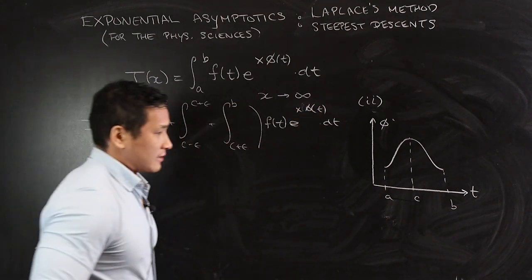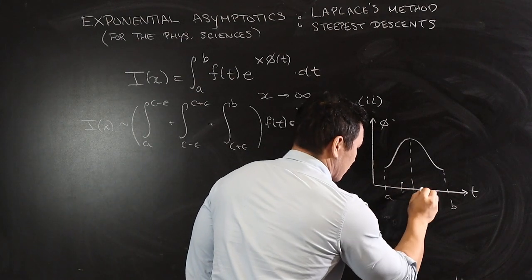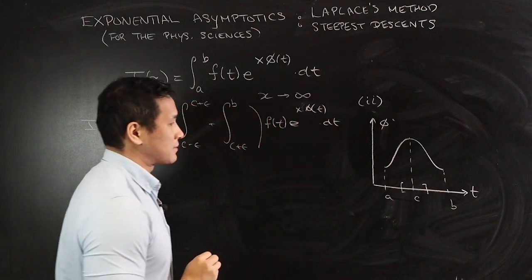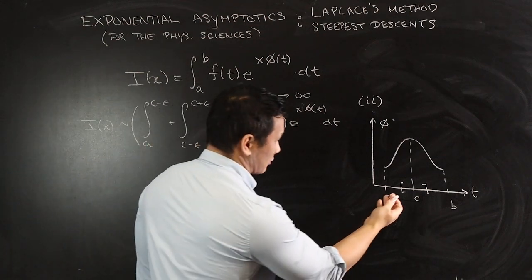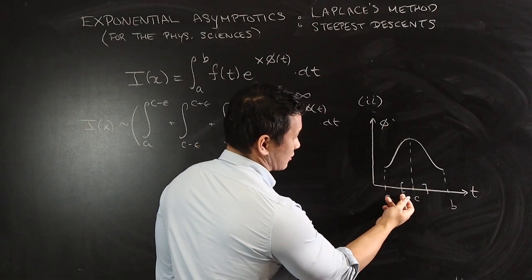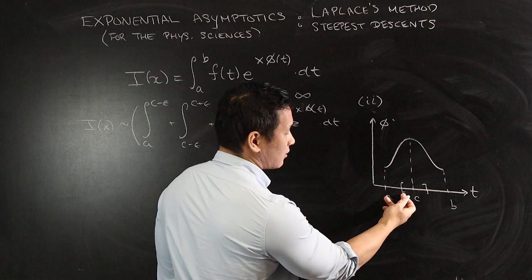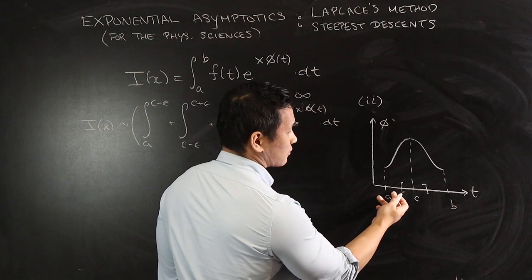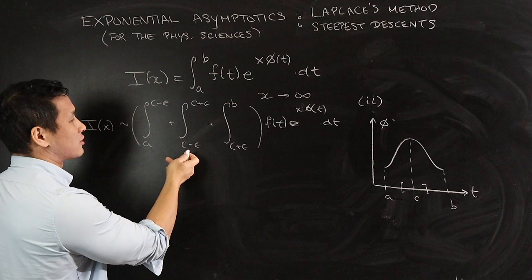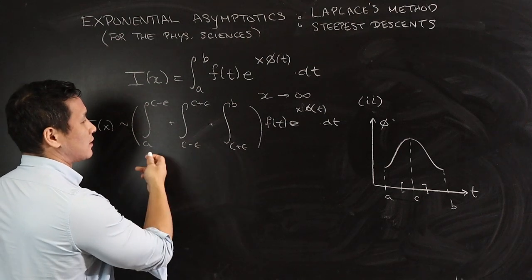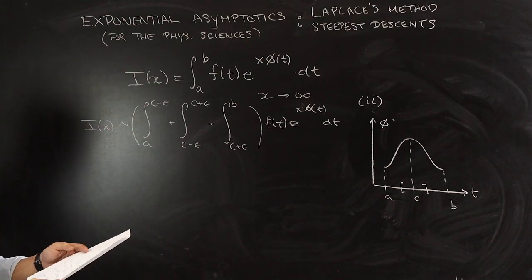And so you've basically split it up so that there's a little piece here from minus epsilon to plus epsilon. But the logic is largely the same, that outside of this interval, as long as epsilon is chosen sufficiently small, then the contribution of the middle integral is going to exponentially dominate over the contributions from the first and the third integrals.